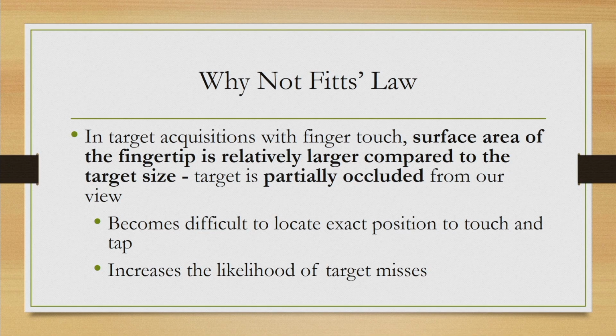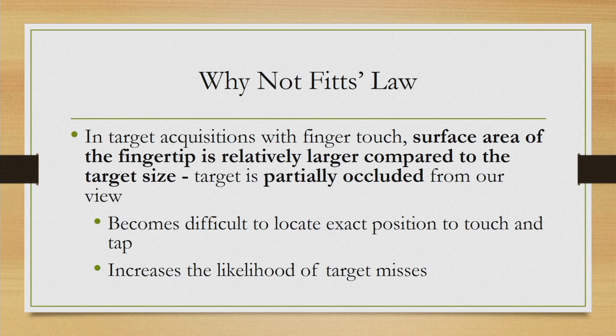Now, what happens in the context of tapping with a finger on a touchscreen device? Here the assumption does not hold, that is, the target size is much larger than the pointer size which is used to acquire the target. In this case, the pointer is the finger and the target may be smaller than the finger.